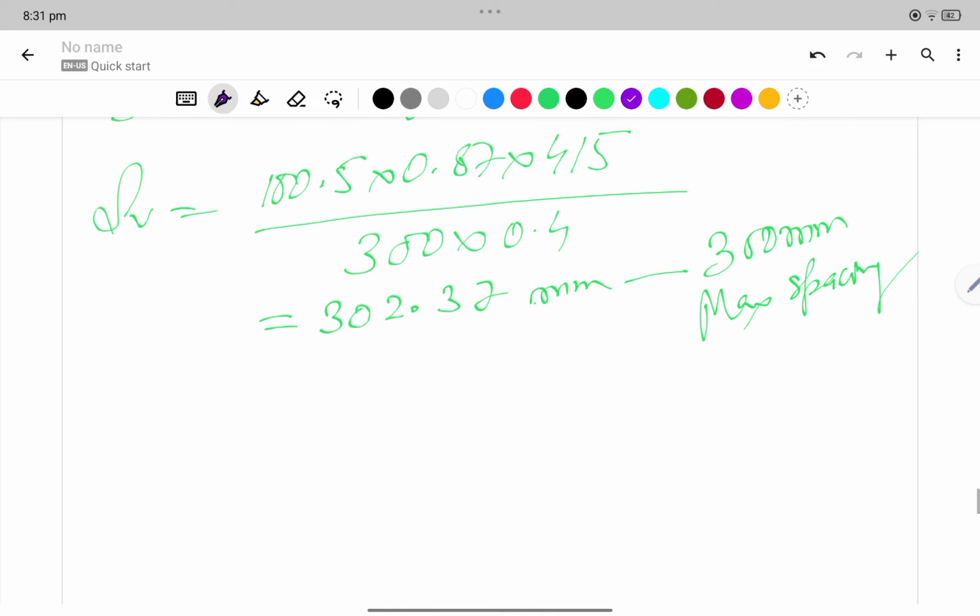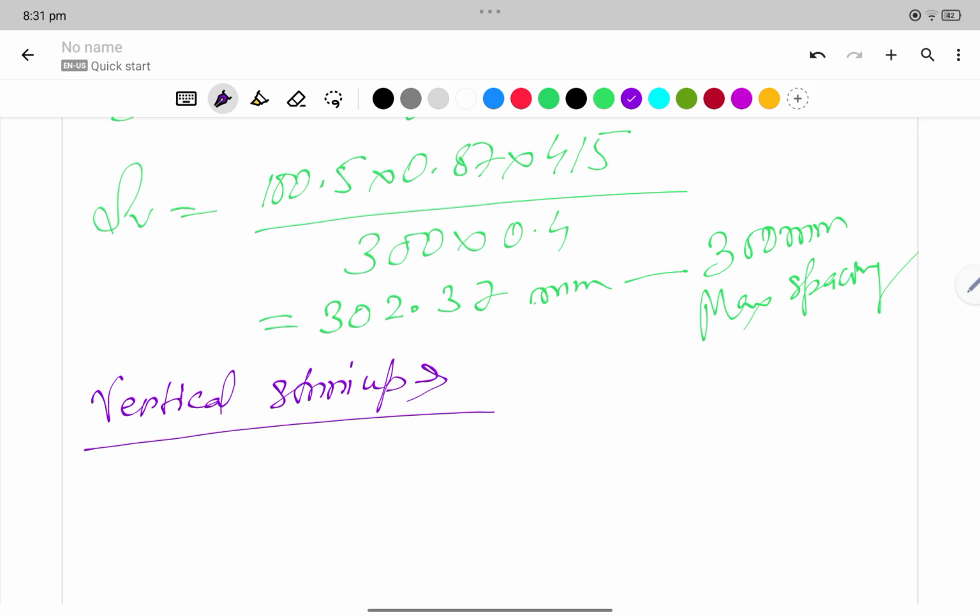So now we will calculate the vertical stirrup. Now what is the vertical stirrup?